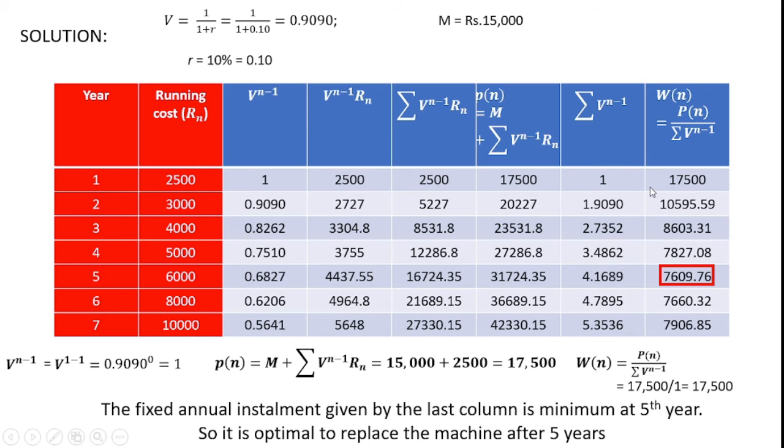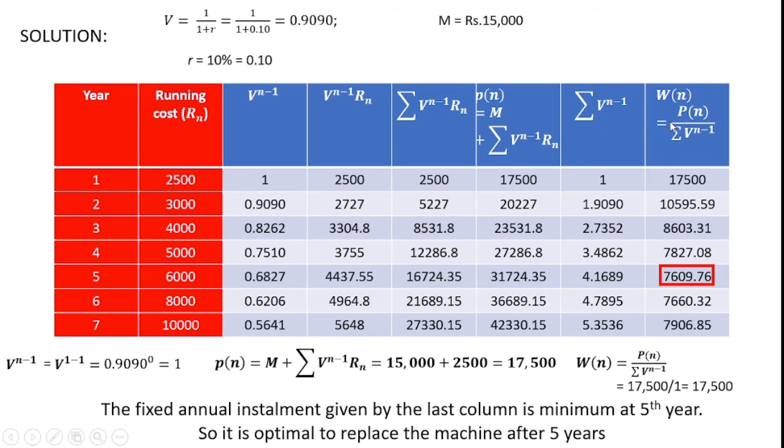Then I move to the last column, the final column. From this only we can identify in which year we can replace the machine, so we calculate it carefully. The final column is W of n, which is equal to present worth, P of n, divided by the summation of v power n minus 1.